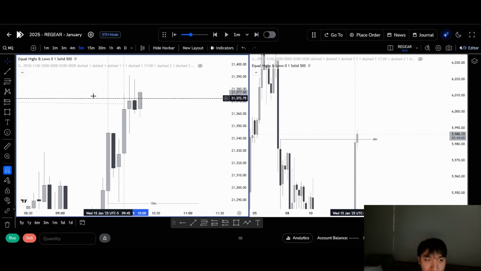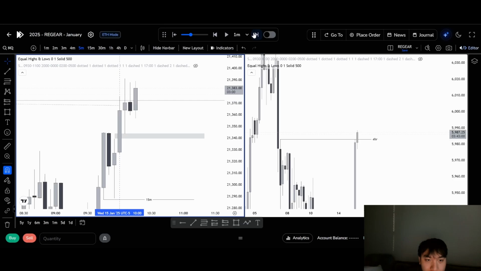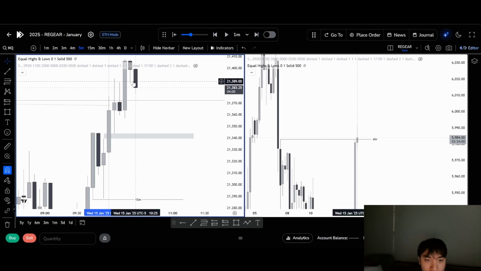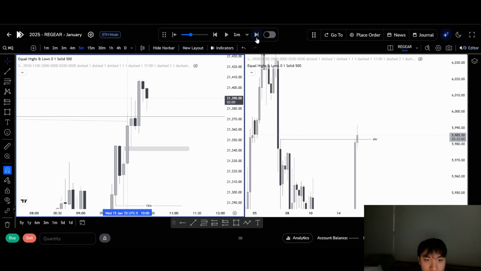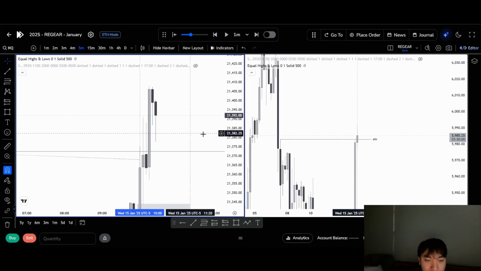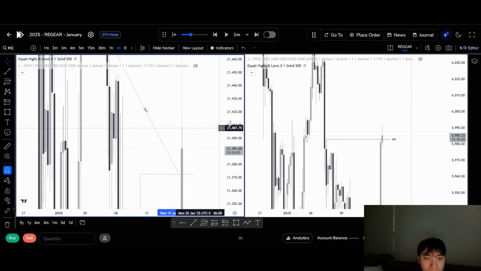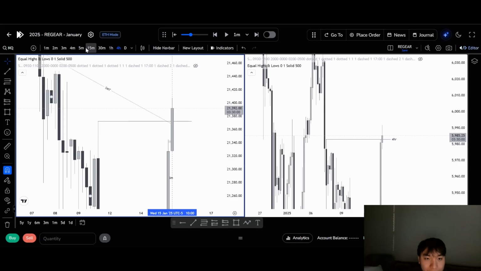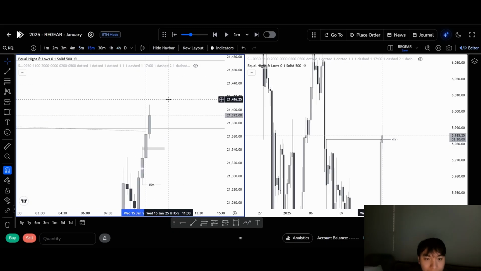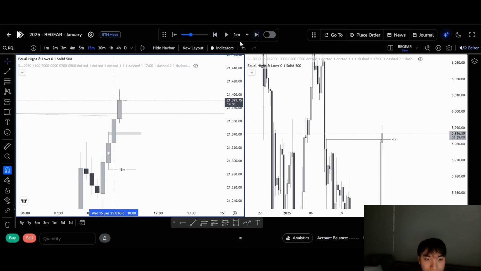No, we're not really displacing. Already 10:30 in a few minutes, and we're not going to reach that high anytime soon unless we start climbing a little bit more. Nearly 15 gets opened.